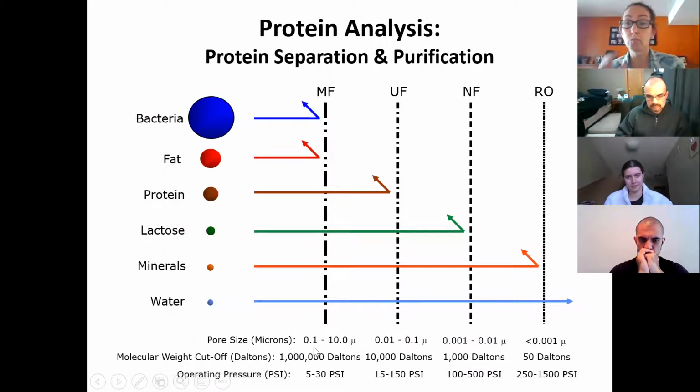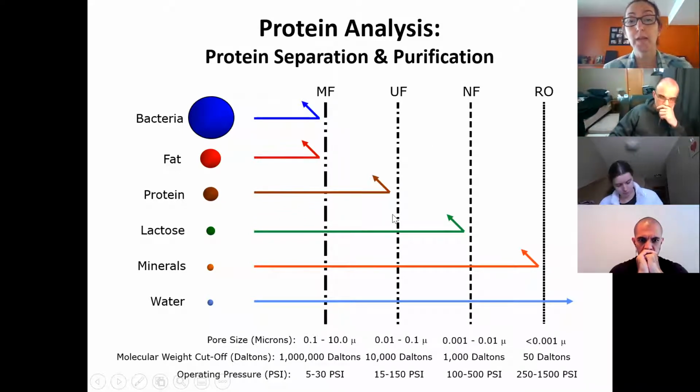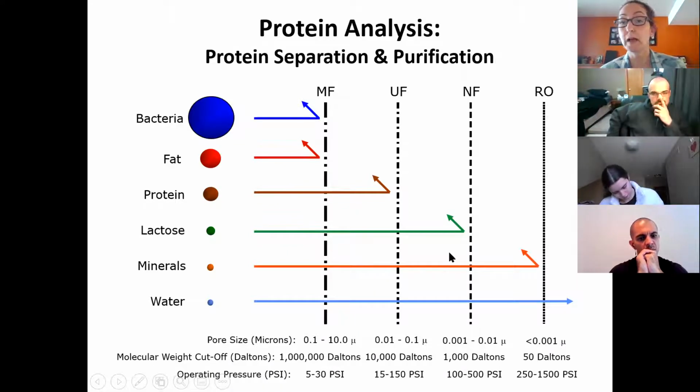To see it more visually, let's say this is the milk system. You have the bacteria, the fat, the protein, lactose, minerals, water. With microfiltration, you retain bacteria and fat, and everything else will pass through: protein, lactose, minerals, water. Then if you want to isolate the protein, you use ultrafiltration. So protein is retained, and lactose, minerals, water pass through.